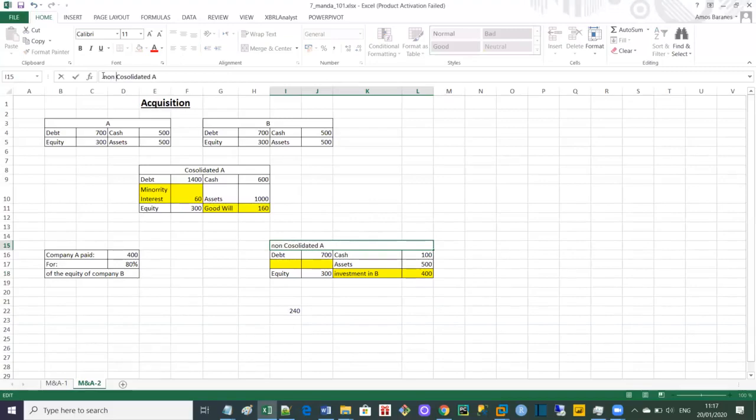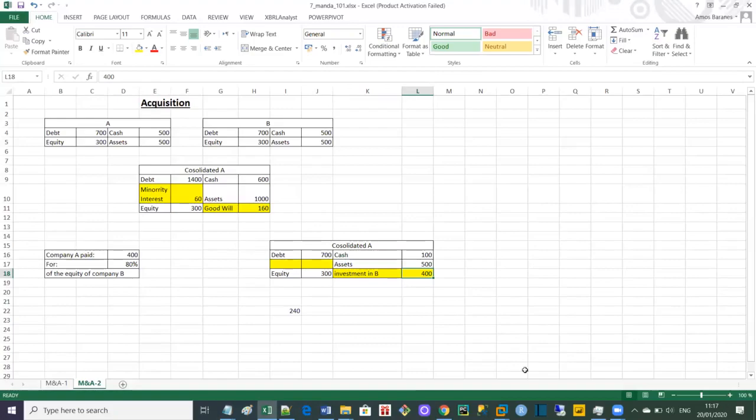Now the consolidated balance sheet of company A. If I want to do consolidation, I will have to take this 400 and present it as we did before. So let's do the consolidated now, and we'll get exactly the results that the simulation does automatically. The 400, I'm going to split into two parts.